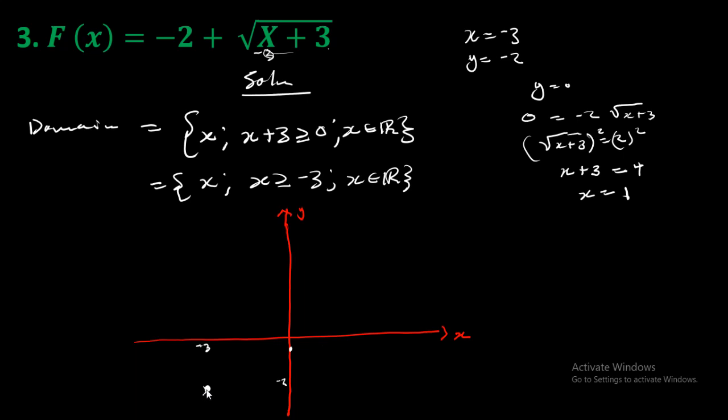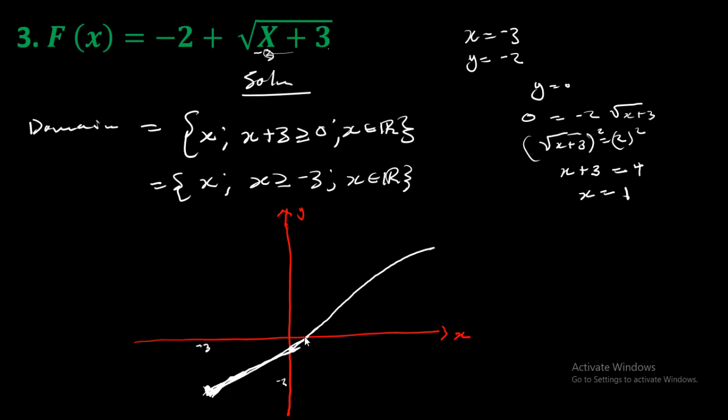In that case, this graph is simply moving like that, and then when it moves this side, it will cut the x-axis at the value of 1, and it will go like that. So this is how my sketch looks.